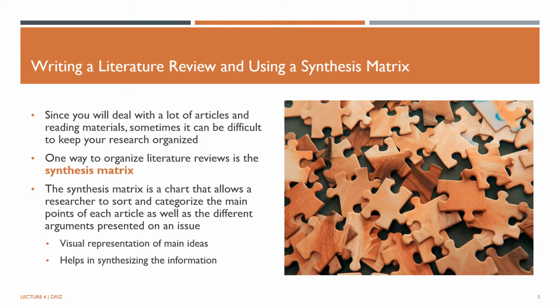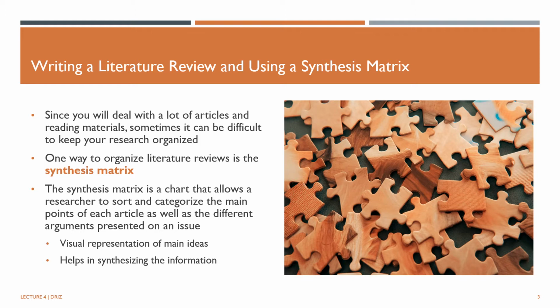One way to organize your readings is by using the synthesis matrix. The synthesis matrix is a chart that allows the researcher to sort and categorize the main points of each article, as well as the different arguments presented on an issue. When completed, it provides a visual representation of main ideas found in the literature, and also shows where there is overlap in ideas between authors.